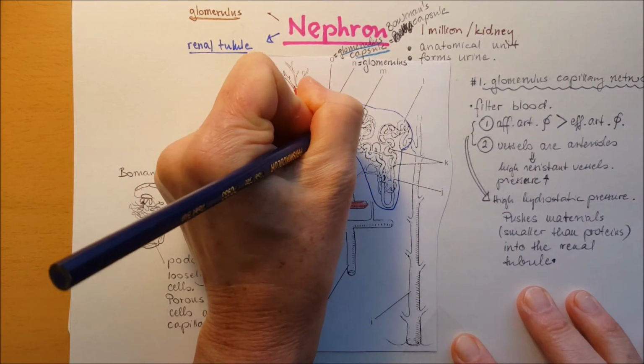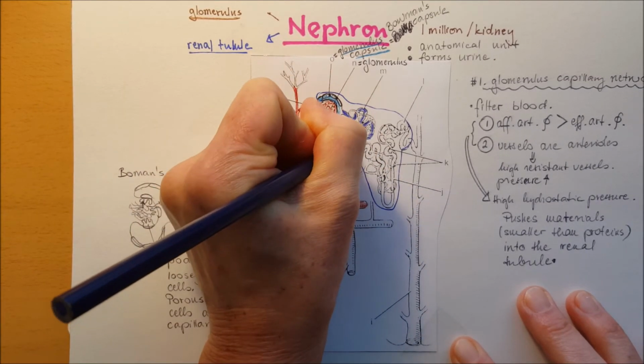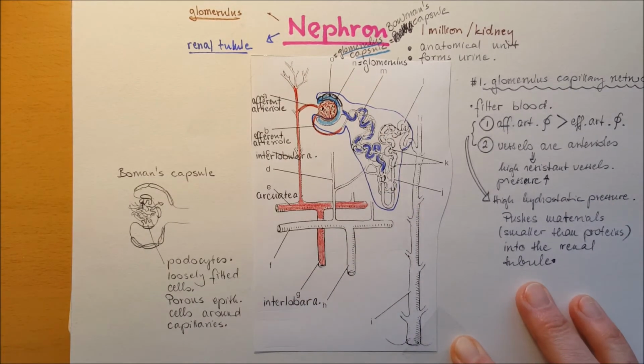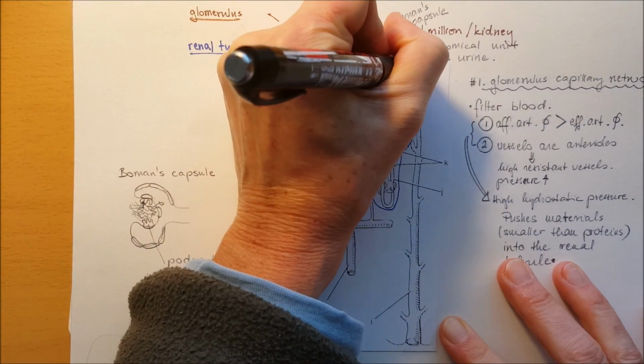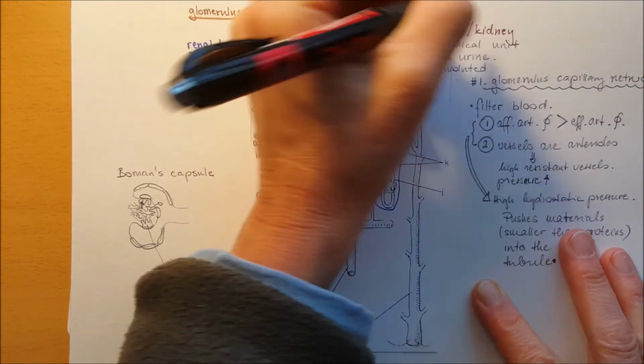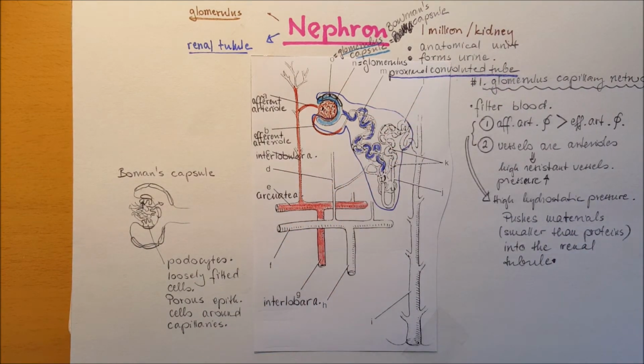After the Bowman's capsule, we have a very coiled tubule formation called the proximal convoluted tubule. Tubule is more precise because it's very tiny.